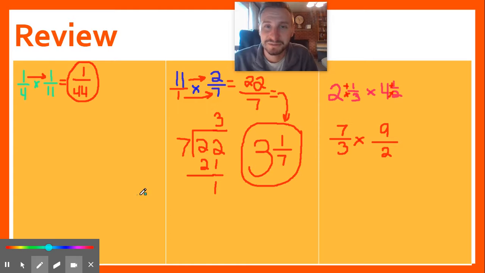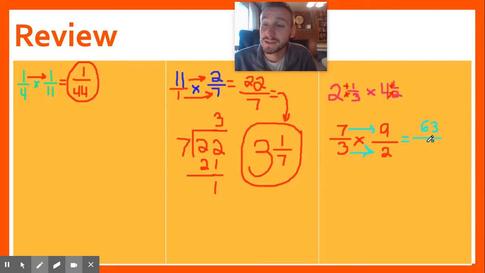So let's choose a different color. When we multiply straight across, 9 times 7, 3 times 2. 9 times 7 gives us 63. 3 times 2 gives us 6. Just like over here, we don't want to leave this as an improper fraction. We want to change it into a mixed number. And again, the way we do that is division.